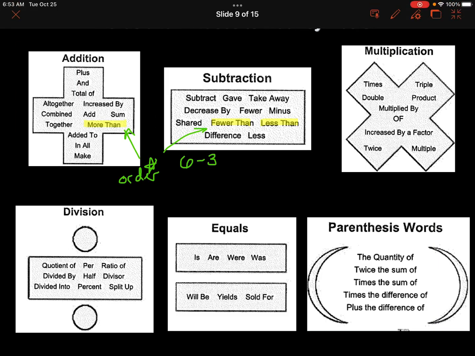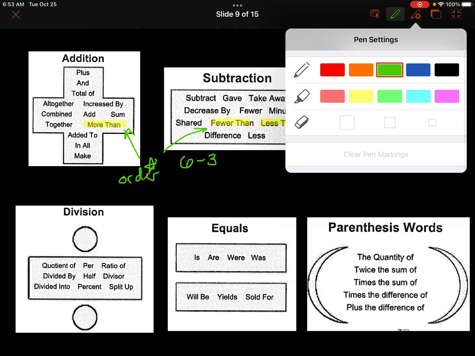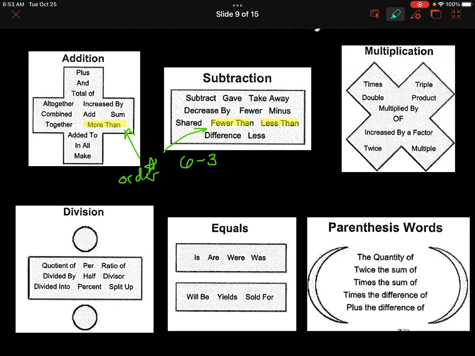Speaking of which, when you hear those words, the word sum, the words difference, product, and quotient, those all mean the answer to each of those.